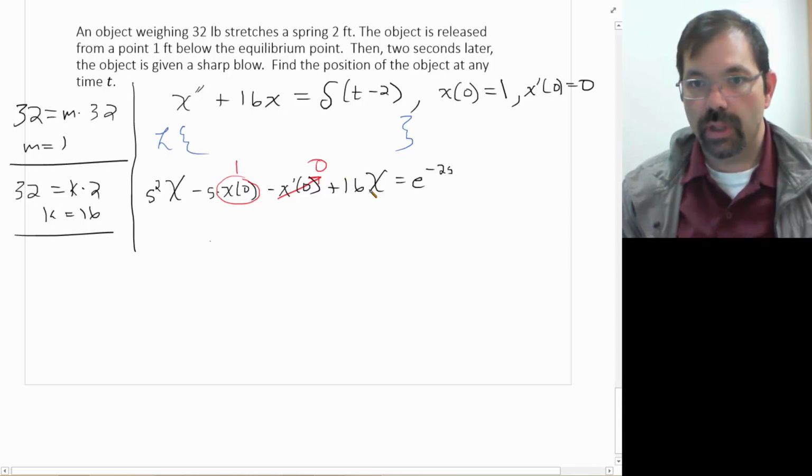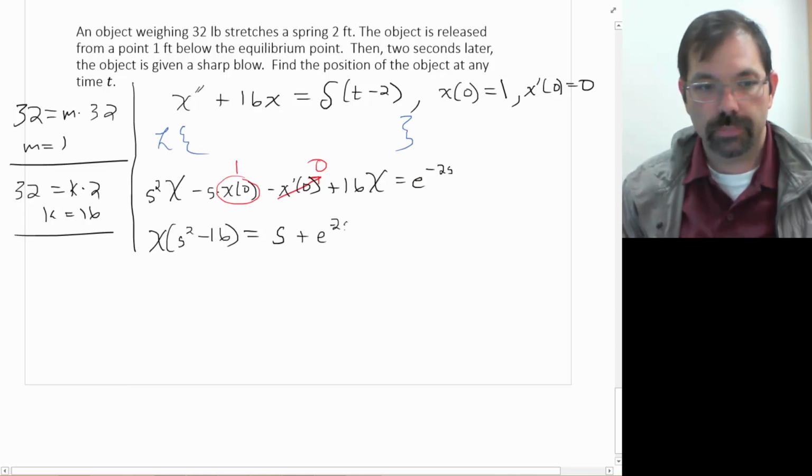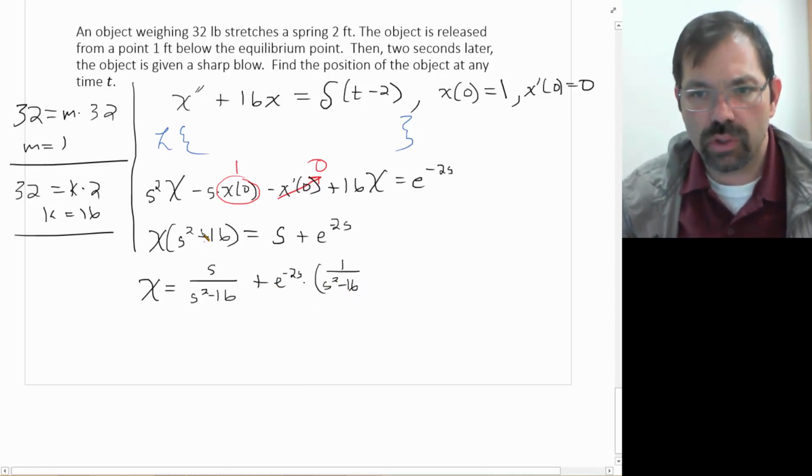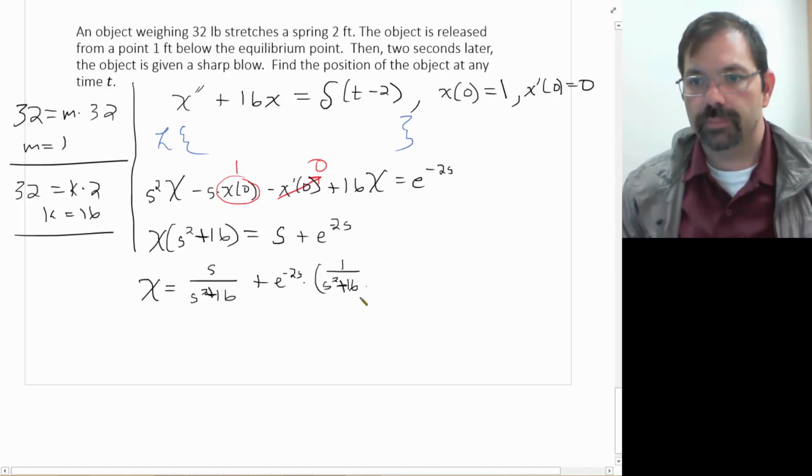Let's do a little factoring here. So I have capital X times (s squared plus 16) is equal to, let's bring that term over, s plus e to the negative 2s. Then capital X is equal to s over s squared plus 16 plus e to the negative 2s times 1 over s squared plus 16. Those should all be plus 16, not minus. Sorry about that.